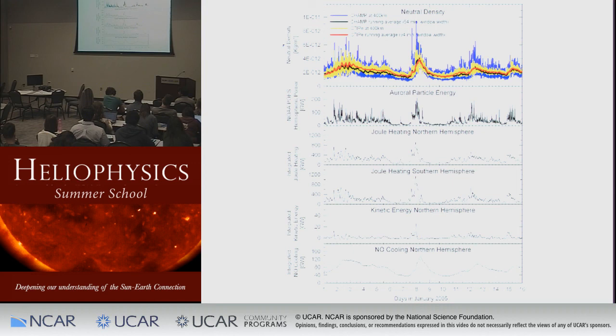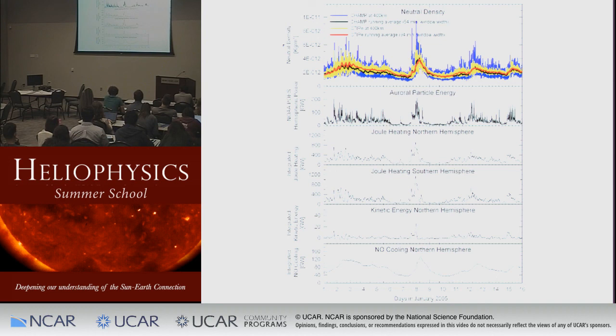In the southern hemisphere, it's a little bit higher. And then the kinetic energy, this energy of getting the whole neutral gas into big circulation, gigawatts-wise, it's quite small. It's only 20. So that's kind of my reason for poo-pooing this kinetic driving, if you like.